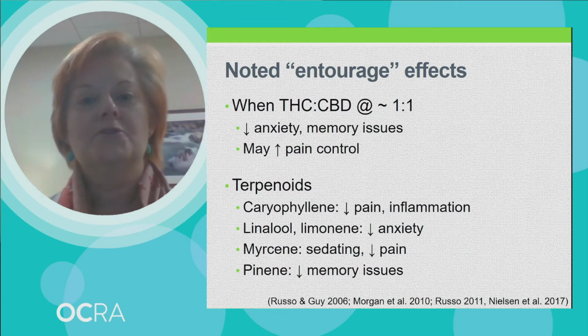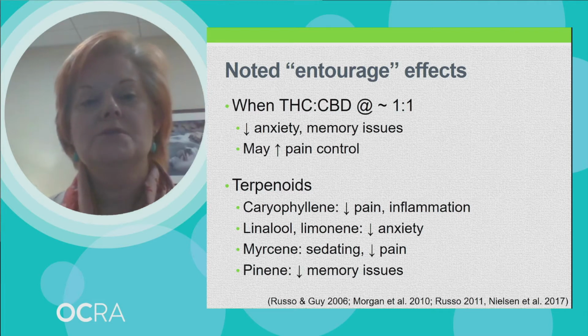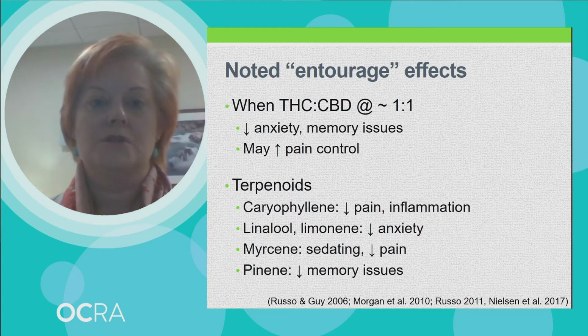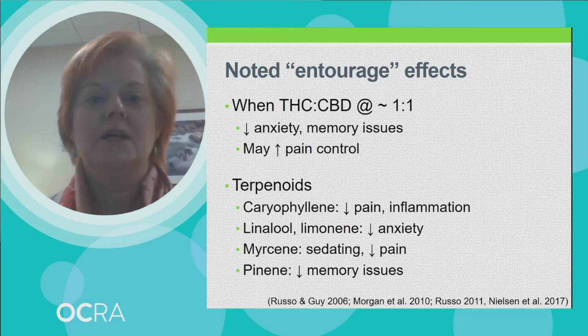So some noted entourage effects include, for example, that when you have THC and CBD in a preparation at a 1-to-1 ratio, meaning for every 1 milligram of THC, you would also have a milligram of CBD, it reduces some of the anxiety and memory issues associated with THC, so that CBD helps attenuate that, and it may actually help increase pain control.